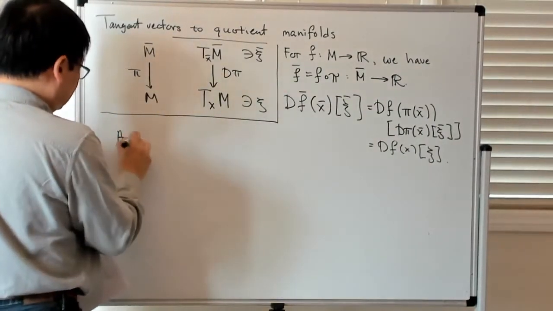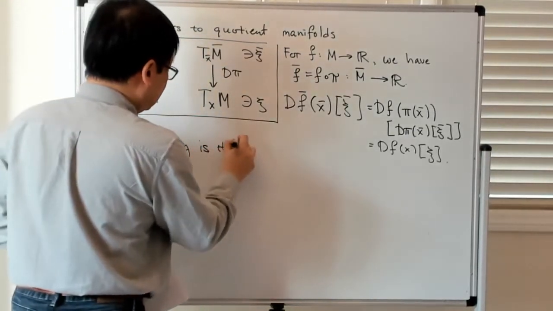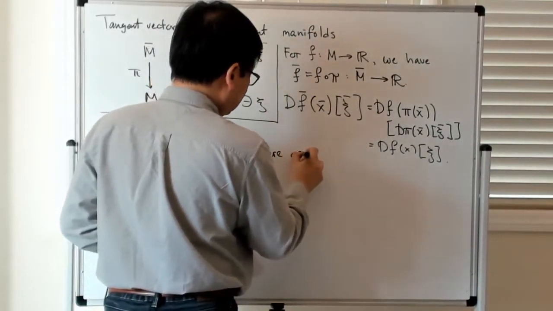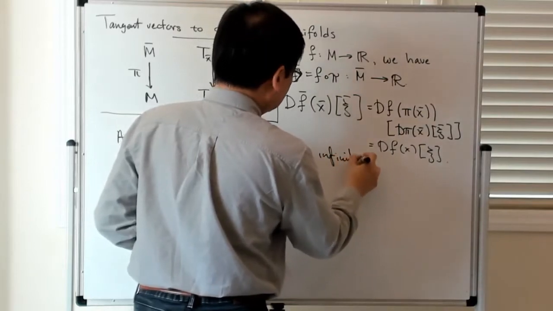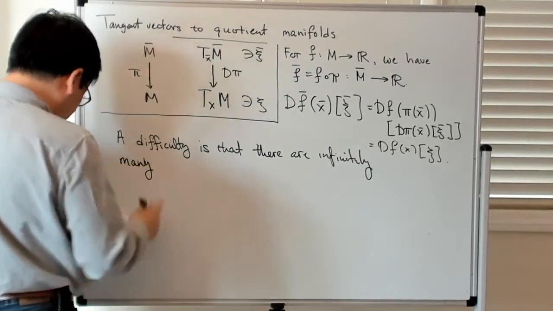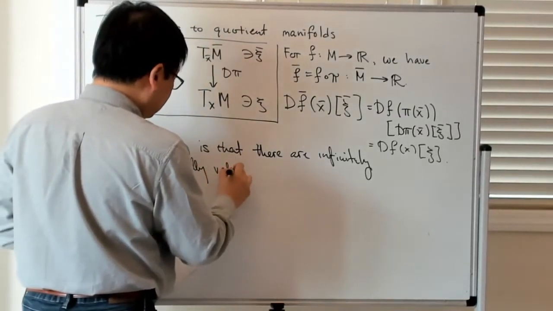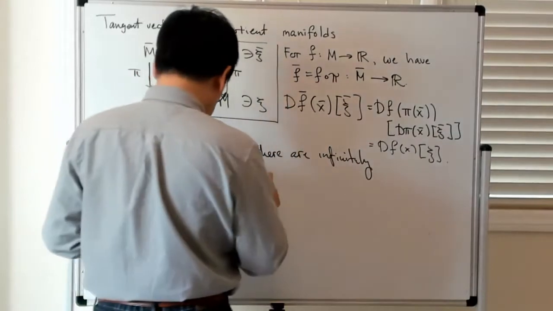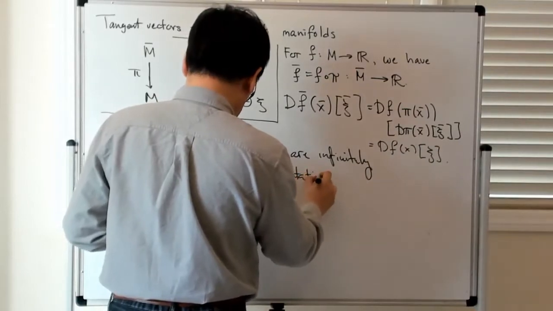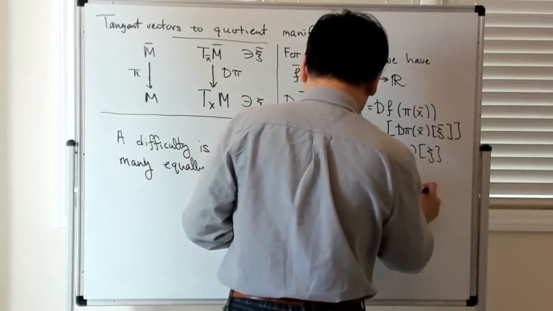So a difficulty is that there are infinitely many equally valid representations c bar of c at x bar.